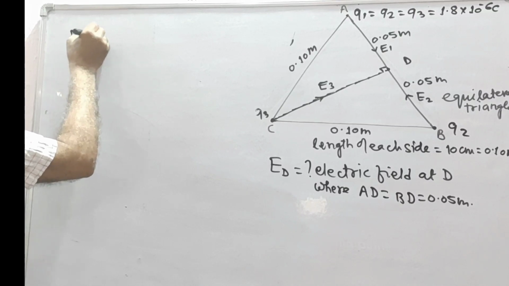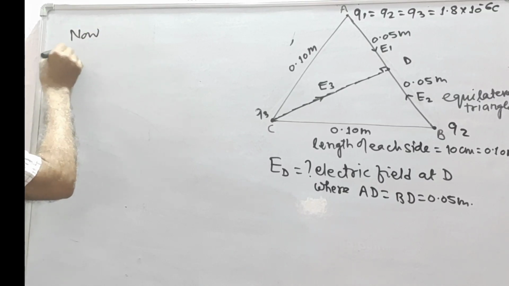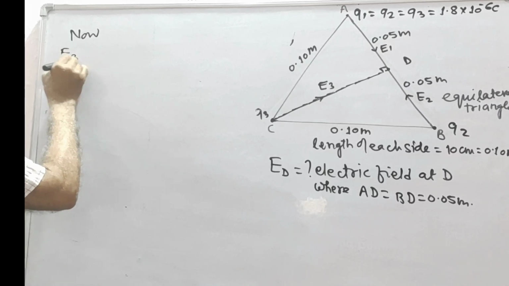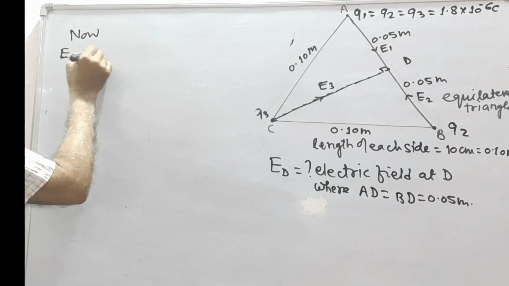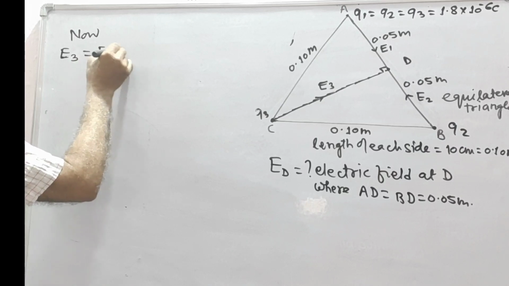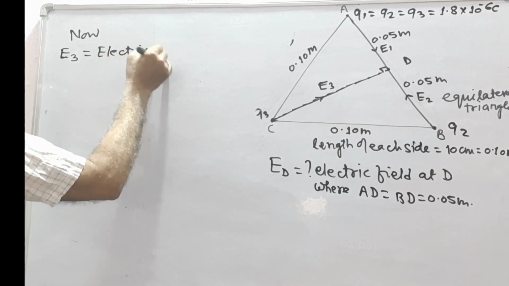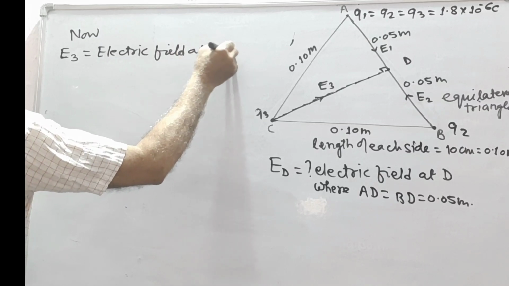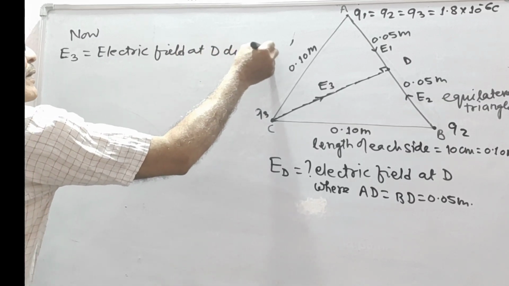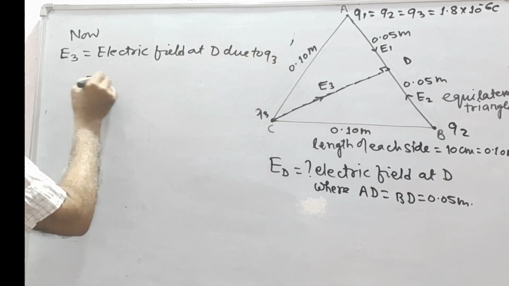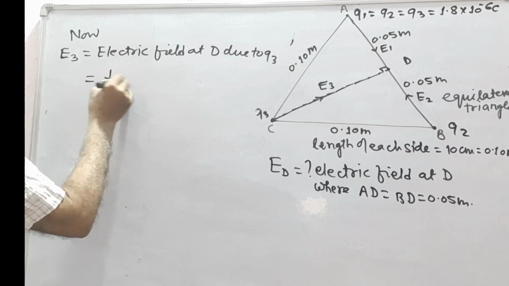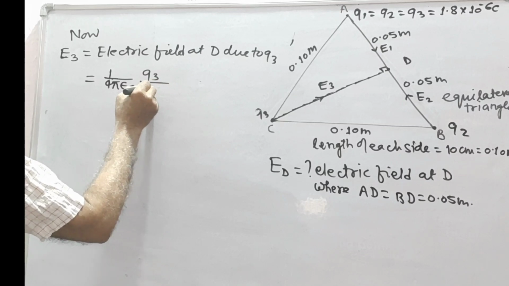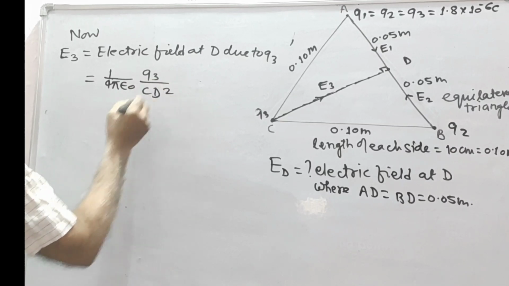Now E3, which is the electric field at D due to Q3, will be equal to 1 upon 4 pi epsilon 0 Q3 upon CD square.